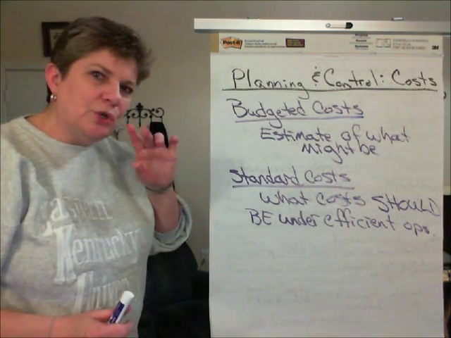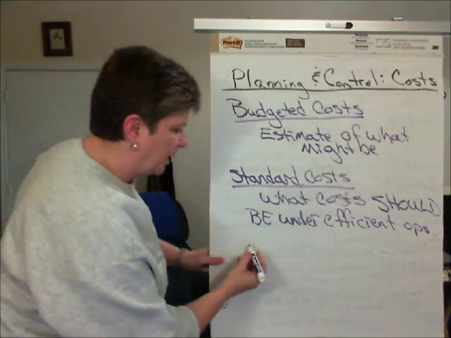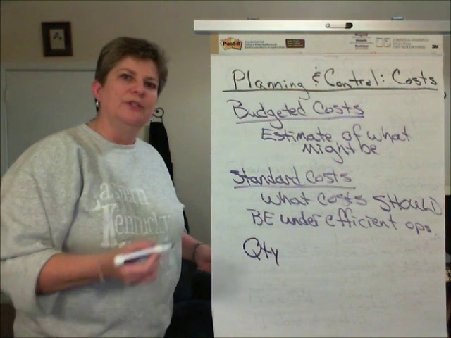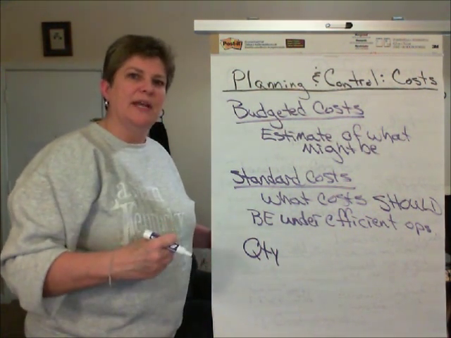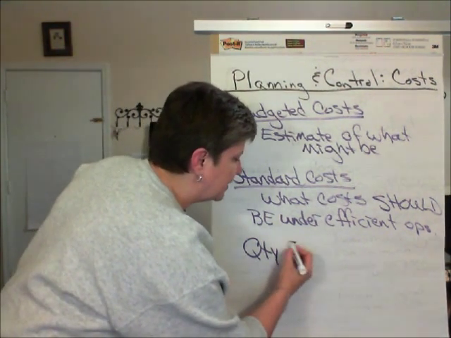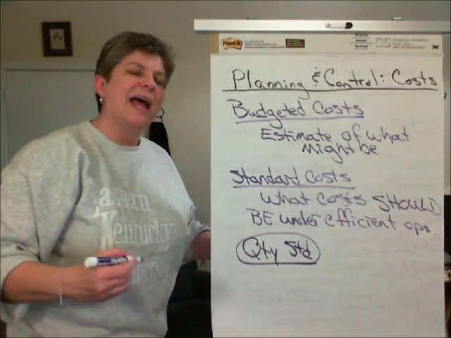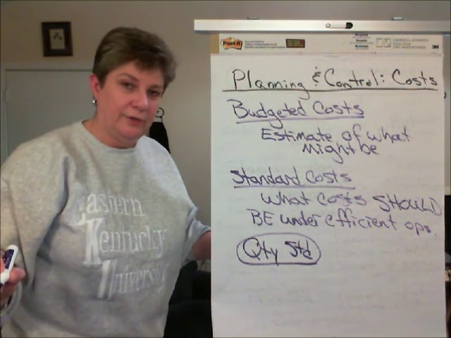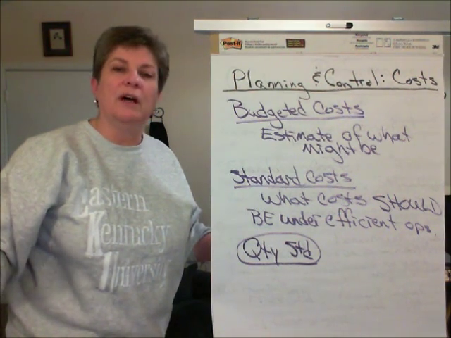Now, I mentioned two things in talking about these standard costs. One was the quantity. So when we are developing a standard cost of a unit of product, one part is the quantity standard. The quantity standard is how much of the input should it take to make a single unit of output.